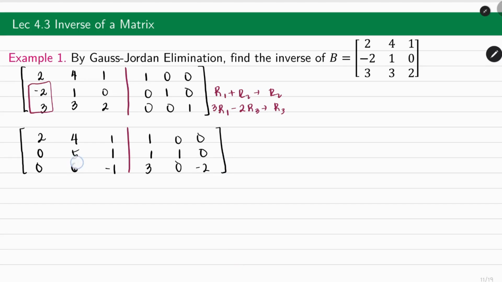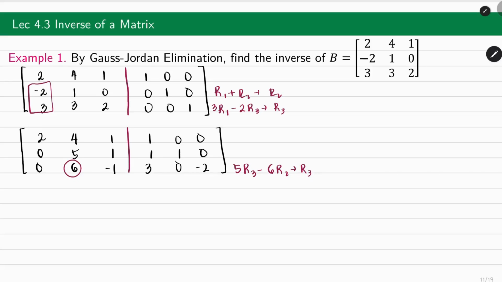Next that we'll have is this one. We have to make this 0. Okay, what will be our operation? We have 5R3 minus 6R2. This will be the new R3.